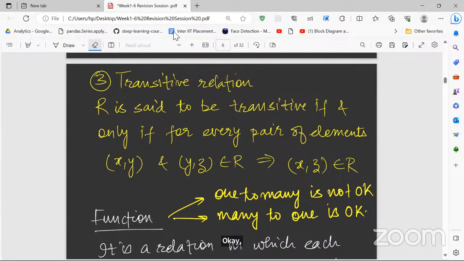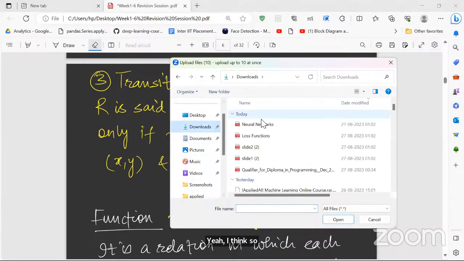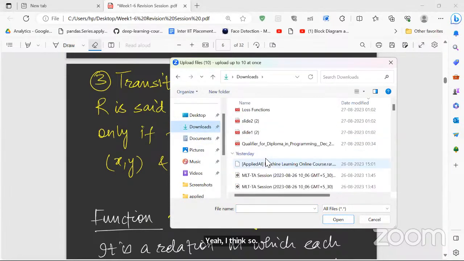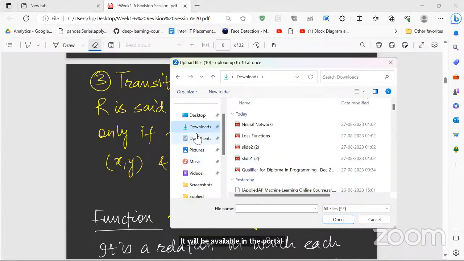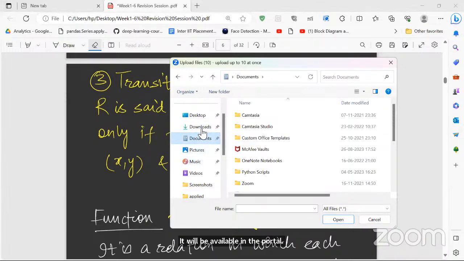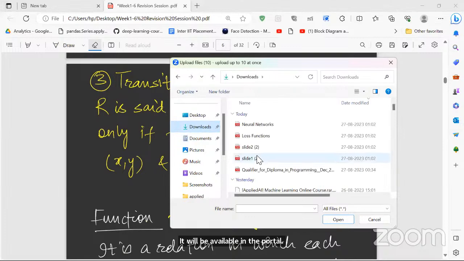Can we share in the chat box? It will be available in the portal, no, sir? This slide, I'll have to ask them to upload.